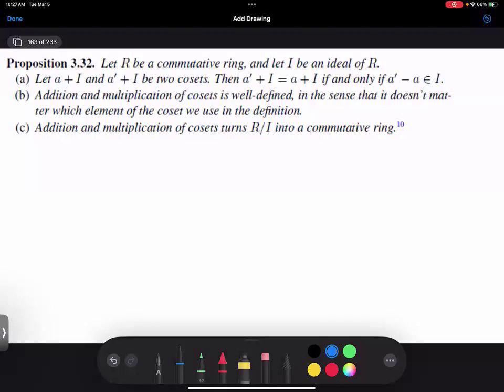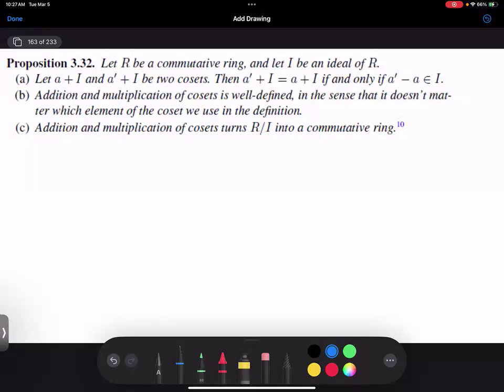Addition and multiplication of cosets is well defined in the sense that it doesn't matter which element of the coset we use in the definition. Addition and multiplication of cosets turns R mod I into a commutative ring. So what's nice here is that we're basically saying that two elements are going to be equivalent if they differ by something in I. So think of this as, we're looking at things on a clock, and we say two things are the same if they differ by a multiple of 12.